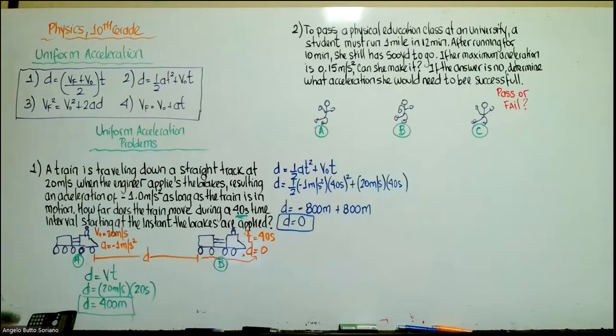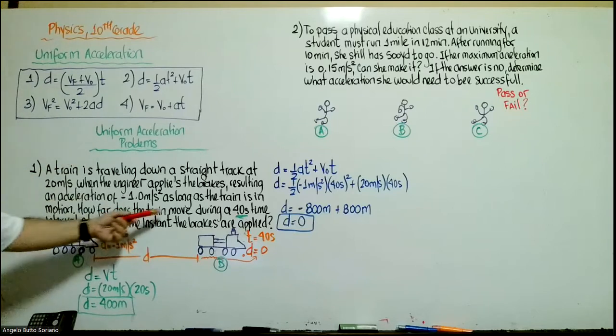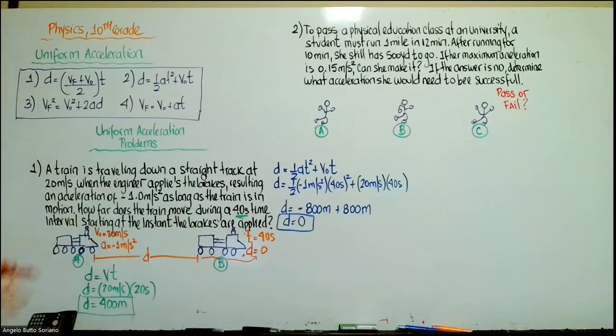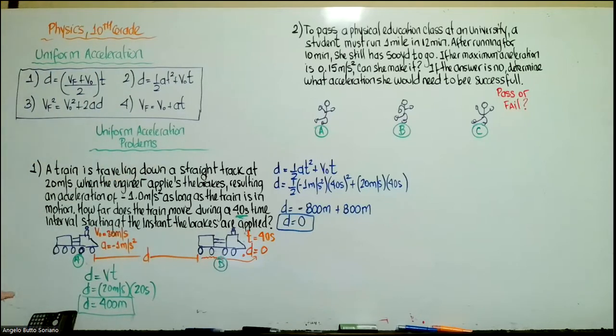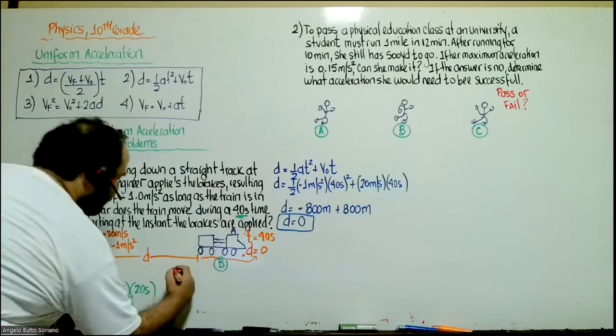So if we're looking for the distance the train moves during the last 20 seconds, at the moment they apply the brakes, obviously the formula located in the blue one will be the same. But what will be the difference?